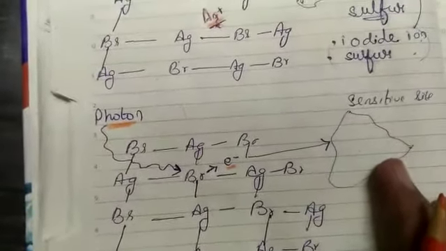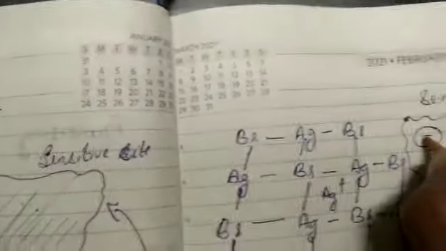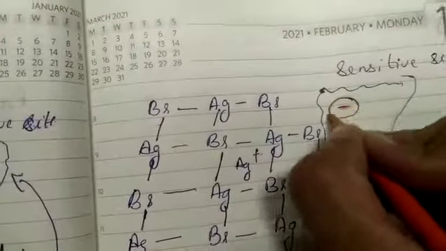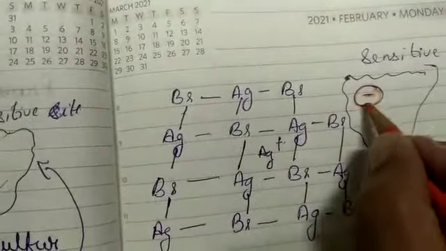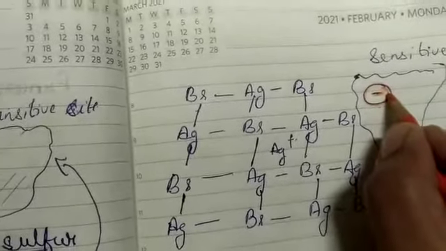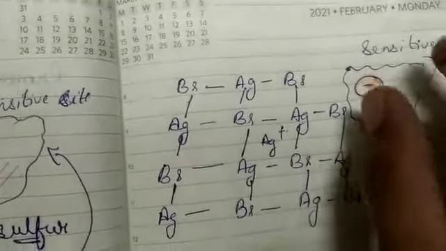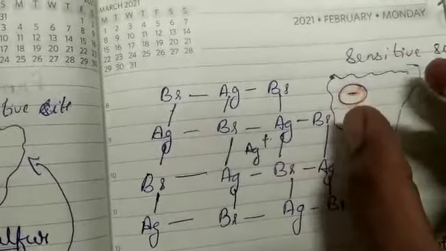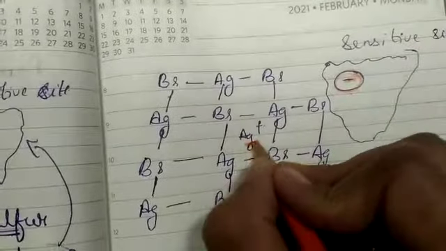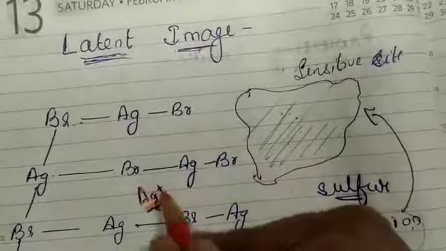Now what happens when they reach the sensitive site? They make the sensitive site negatively charged. So this sensitive site is now negatively charged, and it attracts the positive free silver ions. I have already told you there are positive free silver ions in this film emulsion.